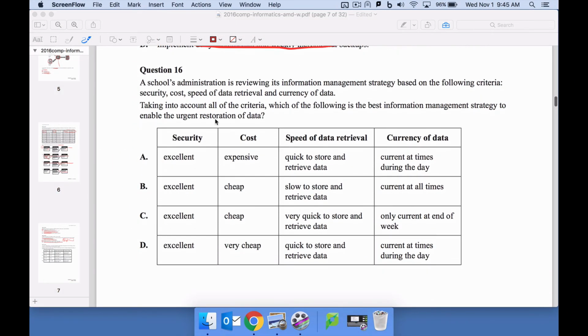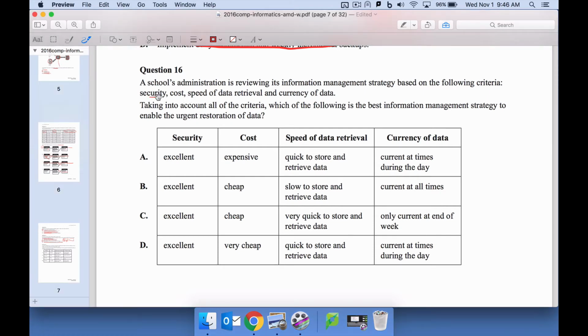Question 16. A school's administration is reviewing its information management strategy based on the following criteria: security, cost, speed of data retrieval, and data currency, or the currency of data, meaning the timeliness of the data.